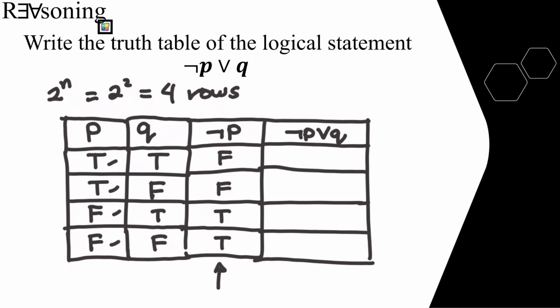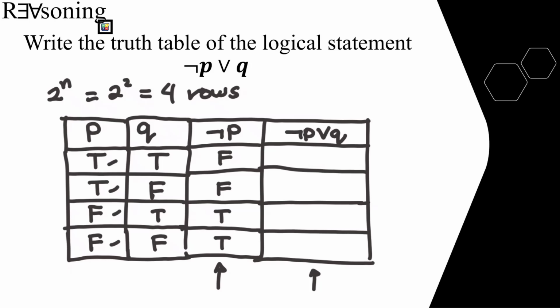But this is not yet over because the final form is for the truth values for our truth table for not P or Q. Since here we have the logical operator of disjunction, we are going to examine the truth value of the paired propositions under disjunction.